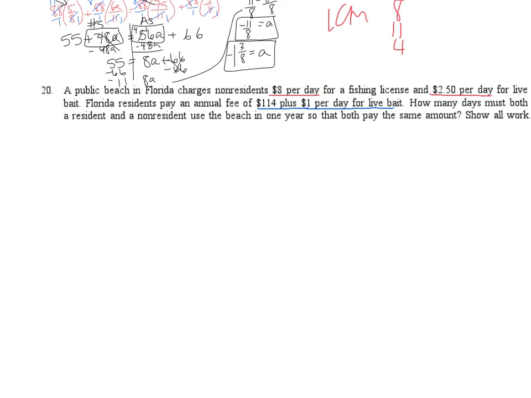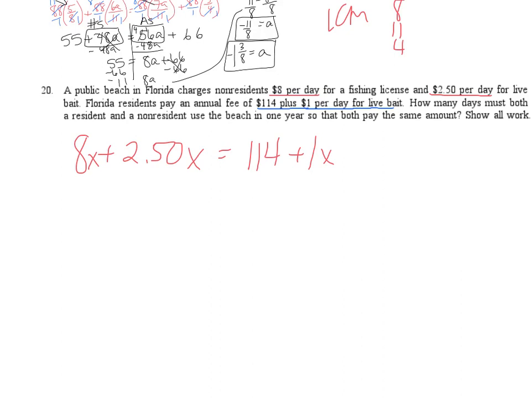So the non-resident would be $8 per day, and $2.50 per day for live bait. So this is non-residents. Whereas Florida residents, they pay $114 plus $1 per day.